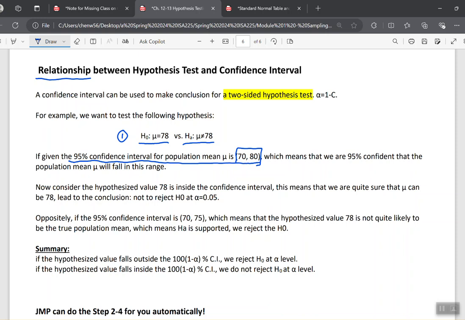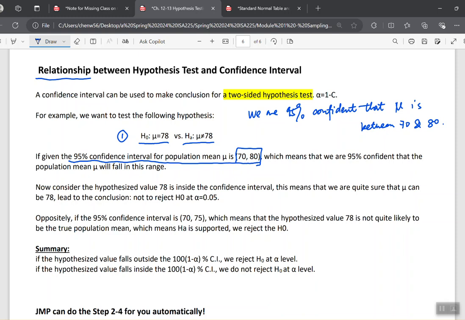We do know how to interpret, right? We say we are 95% confident that the population mean mu is between 70 and 80, right?